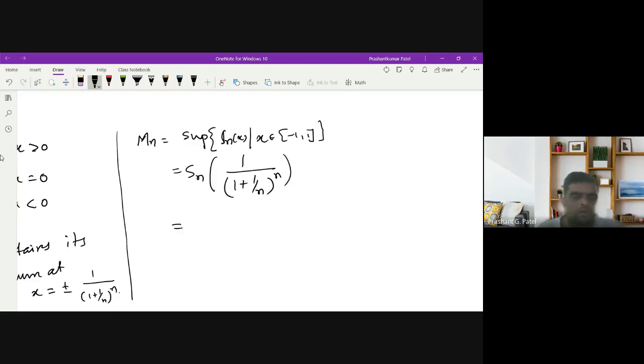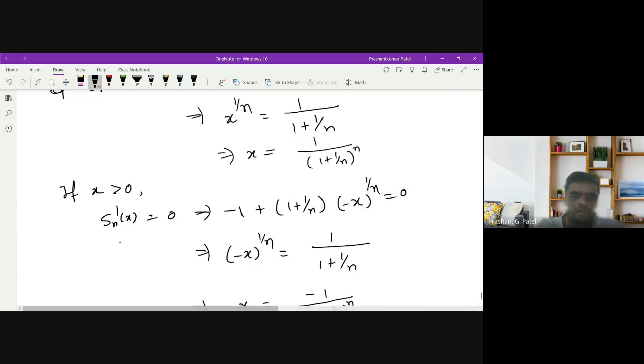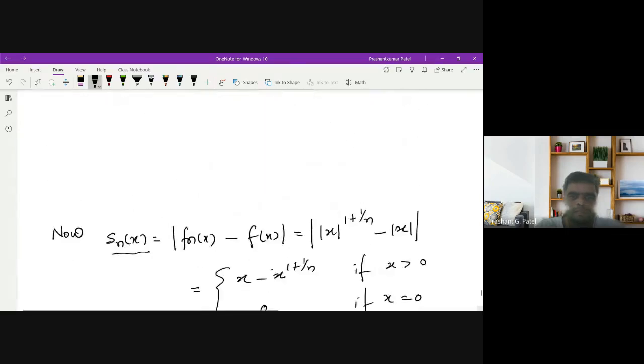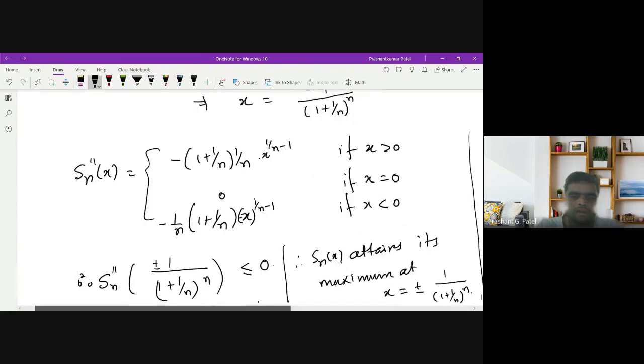And what is the Sn? This is the positive value I have taken. So the Sn at this value which we have calculated is x minus (1 plus 1 by n) x power 1 plus 1 by n.